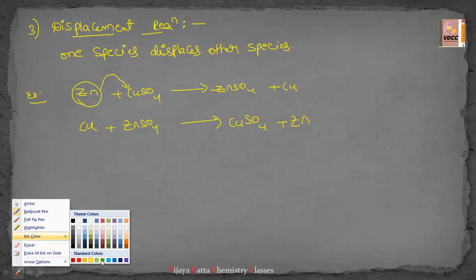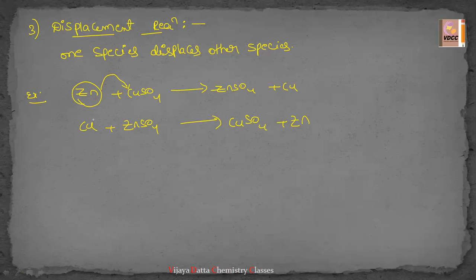Whereas in the reverse reaction, copper cannot displace the zinc. If anybody is given which of the following is the correct reaction, this one is not correct. If you take a container with ZnSO4 solution and dip a copper rod, it cannot turn into a blue colored solution.